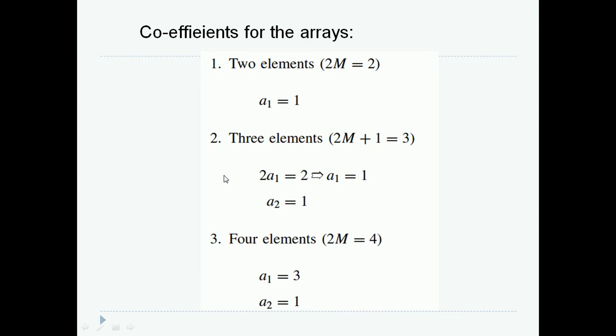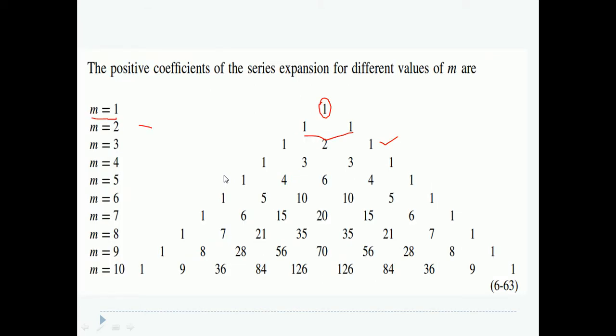So when we take the arrays of our binomial series, taking m equal to the number of elements, we have different coefficients.